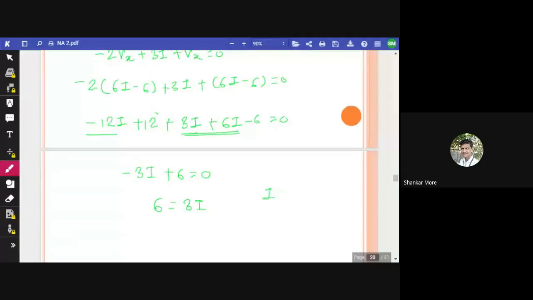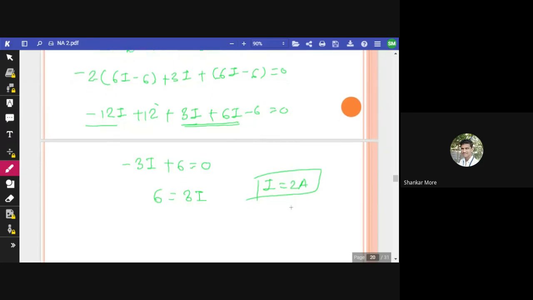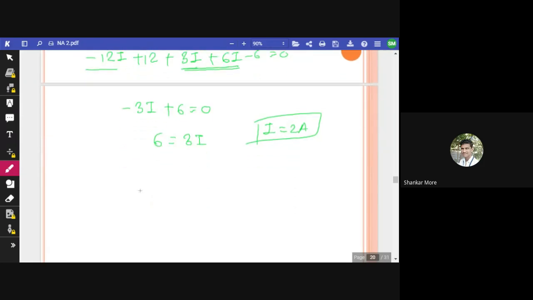So I will be equal to 2 ampere. ठीक है. अभी I is equals to क्या आया हमारा? 2 ampere आया. So we know that Vx is equal to 6i minus 6. So Vx is equal to 6 multiplied by 2 minus 6, that is 12 minus 6 equal to 6 volt.